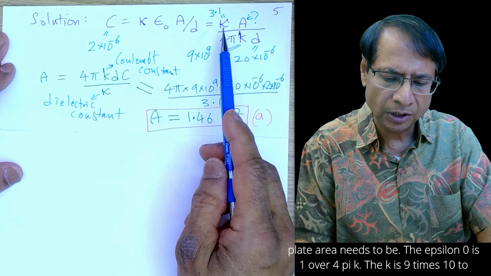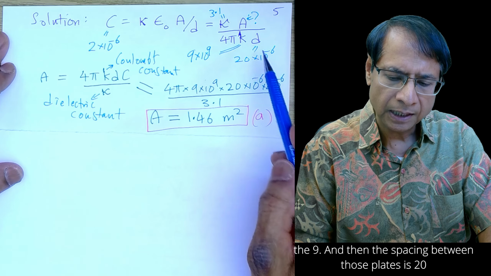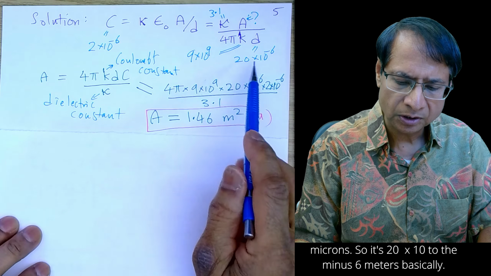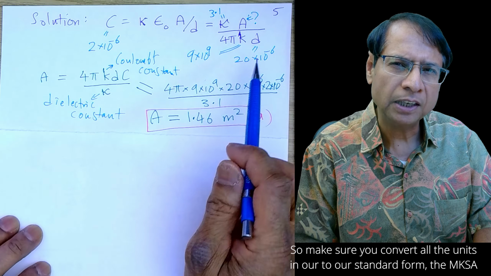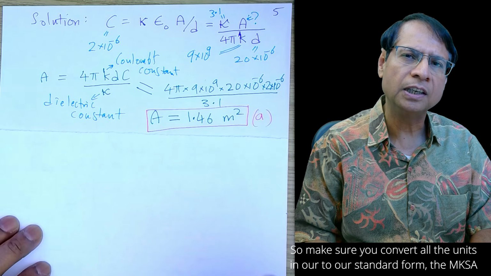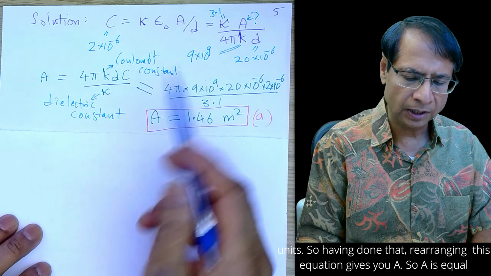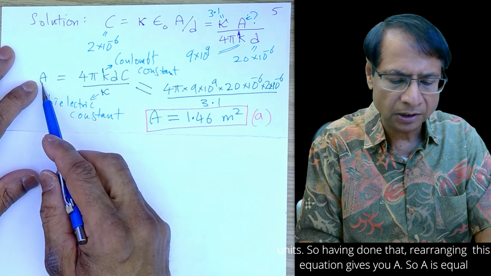The epsilon 0 is 1 over 4 pi k. The k is 9 times 10 to the 9. And then the spacing between those plates is 20 microns. So it's 20 times 10 to the minus 6 meters basically. So make sure you convert all the units to our standard form, the MKSA units. So having done that, rearranging this equation gives you A.